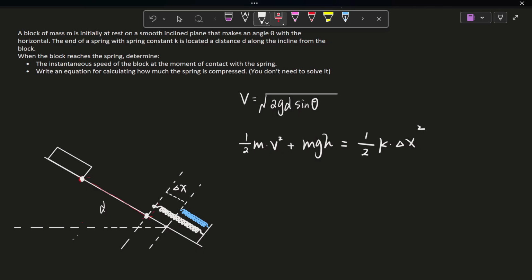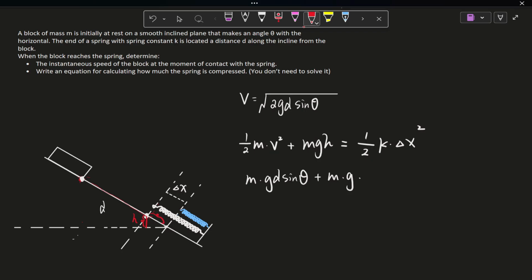And now let's plug in some values. We already knew that v is equal to the square root of 2 g d sine theta, so v squared is just 2 g d sine theta. We can write m times g d sine theta plus m times g times h. How do we solve for h?